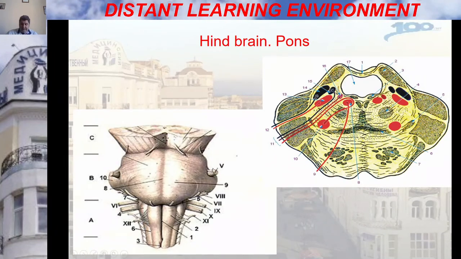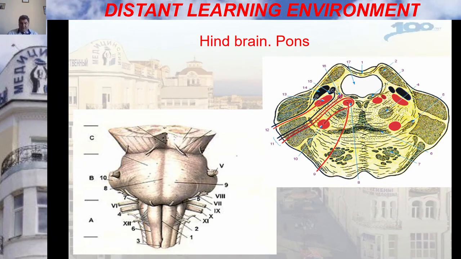So, this drawn line is the border between the pons and the cerebellum. Lateral of this line you may see the middle peduncles of the cerebellum.